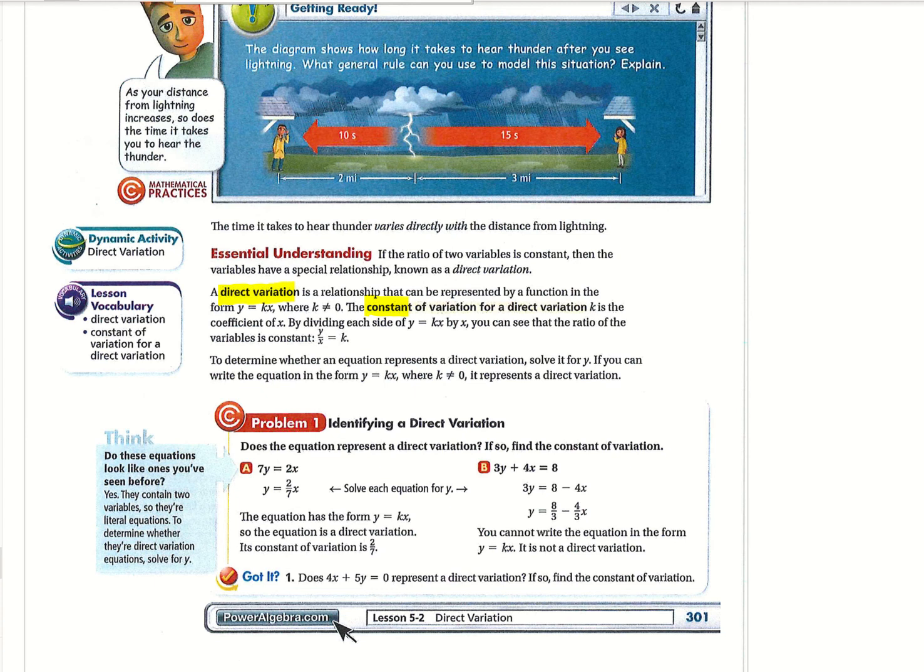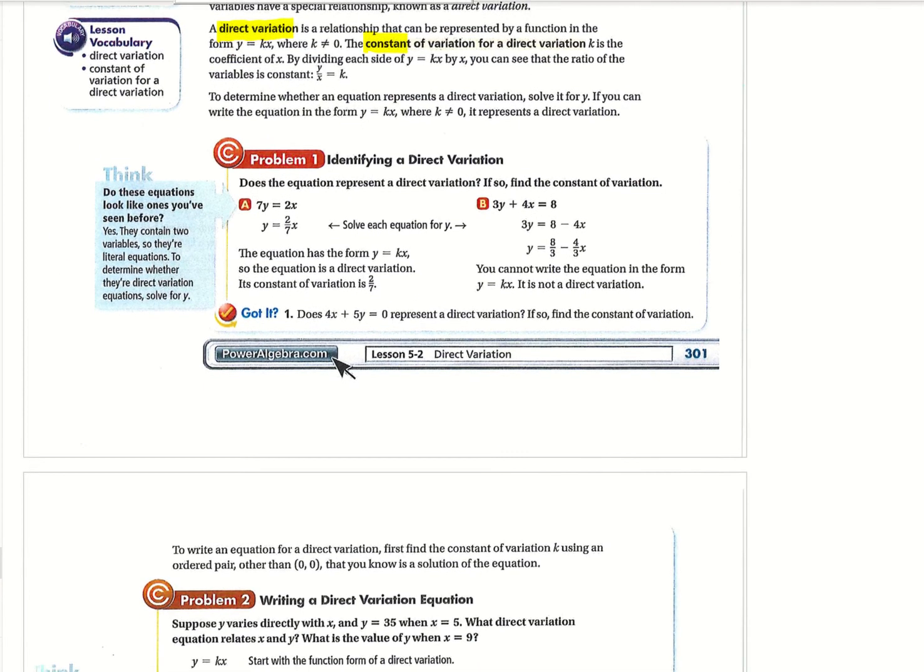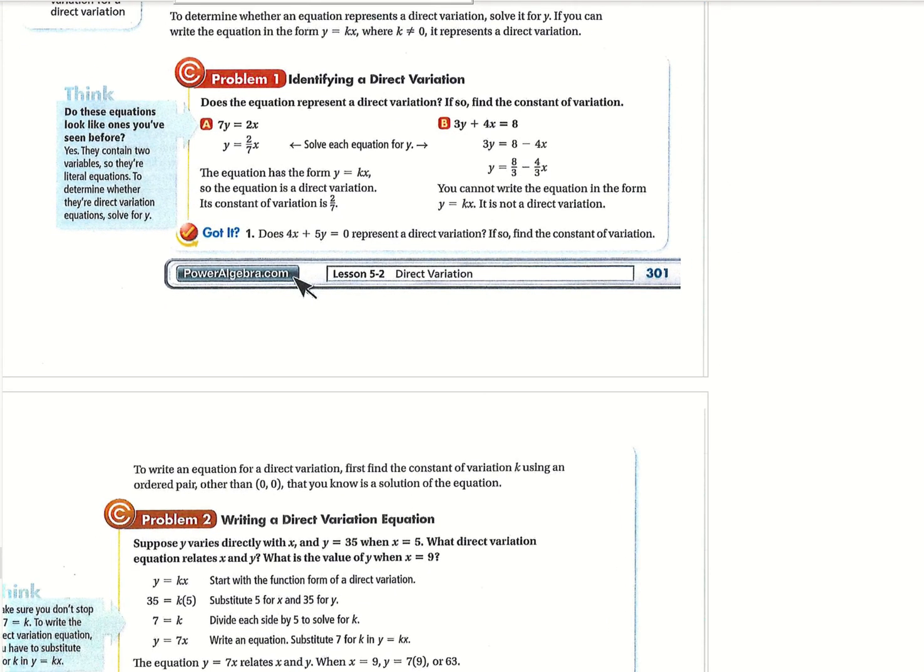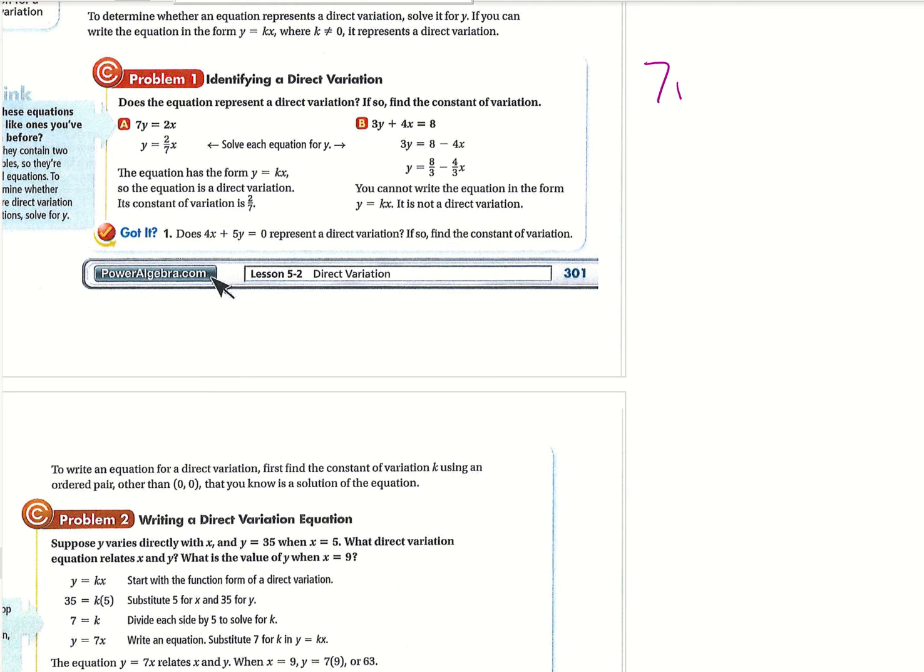So we're going to go ahead and we'll just go straight down into problem 1. All right, and it says, does the equation represent a direct variation? If so, find the constant of variation. All right, so for A, we've got 7y equals 2x.